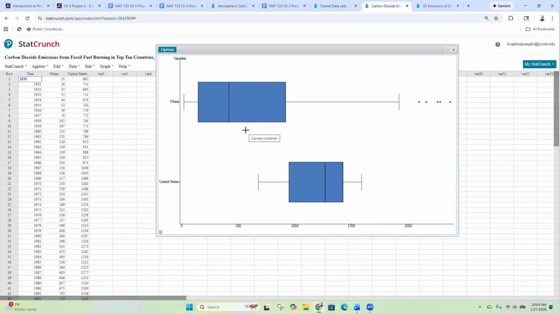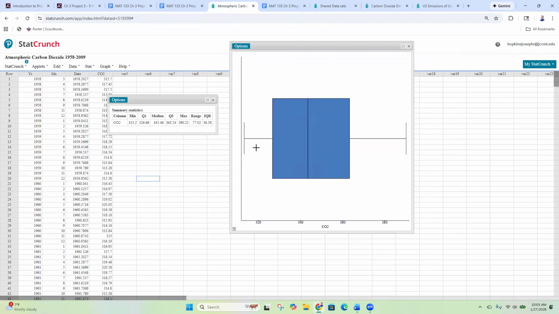China, on the other hand, was below us in most months in terms of CO2 production, but it's varied wildly, where sometimes they're very low and sometimes they're very high. That's very informative and interesting to see, as opposed to a single box plot where it's like, is that high? Is that low? I don't know.